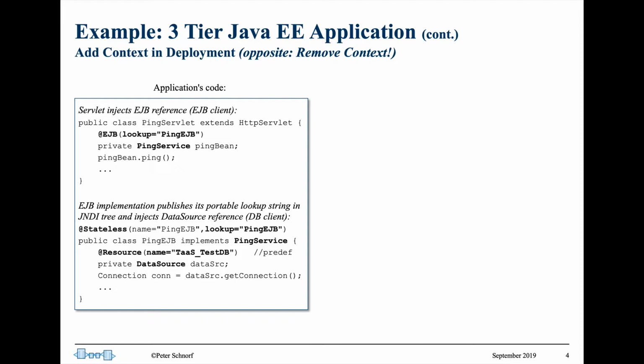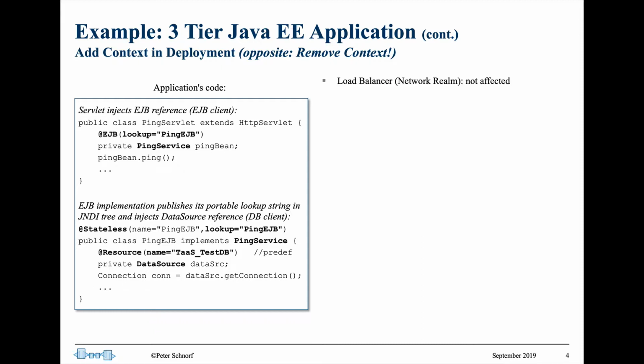The class implements the ping service, and it has in its declarations at the beginning that it is injecting a resource with the name TaaSFW, which is the name of the table in the database that it's going to call, and that's the data source.